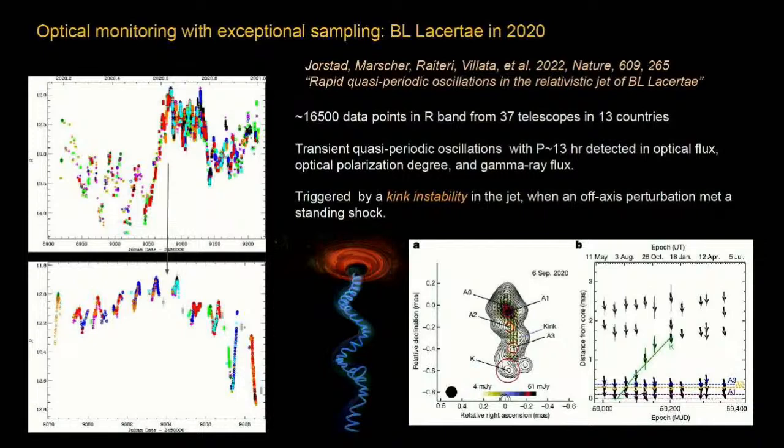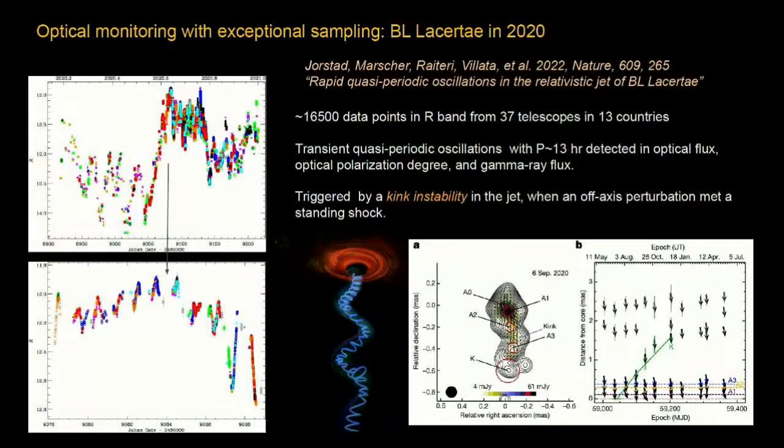Twenty years after, in 2020, another WEBT campaign led by Svetlana Jorstad, again on BL Lac, which is our favorite source. You can see that the light curve is very well sampled, and we were able to identify periodic oscillations during the first phase of the outburst, with a period of about 30 hours. These quasi-periodic oscillations were detected not only in the optical light curve, but also in optical polarization and in the gamma-ray flux.